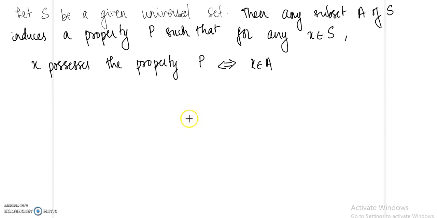An element X possesses a property P if and only if X belongs to the set A.